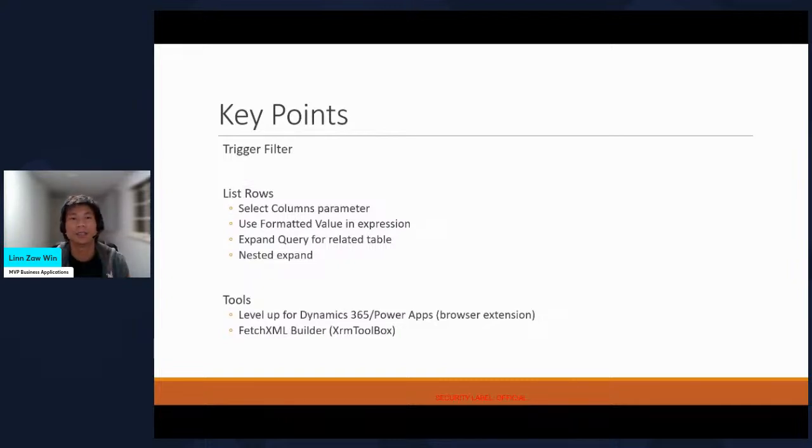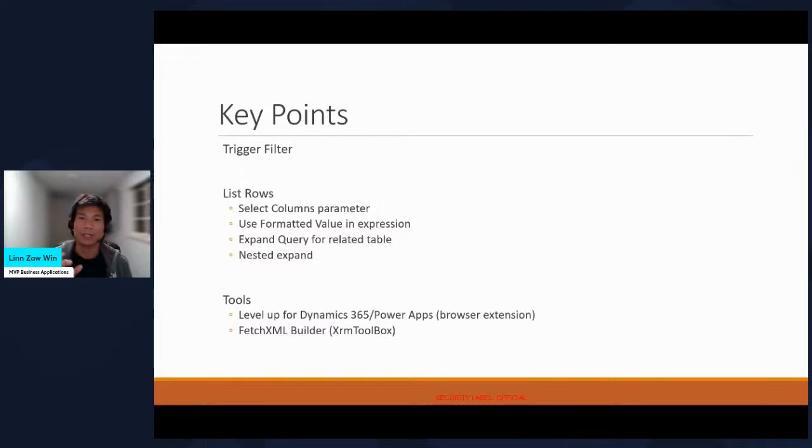So here are the things that we've discussed. Always use the filter in the trigger: filter the columns, and filter what values you want to trigger on. In list rows, you need to specify the select columns. Whatever columns you want to retrieve, just make sure you specify them.